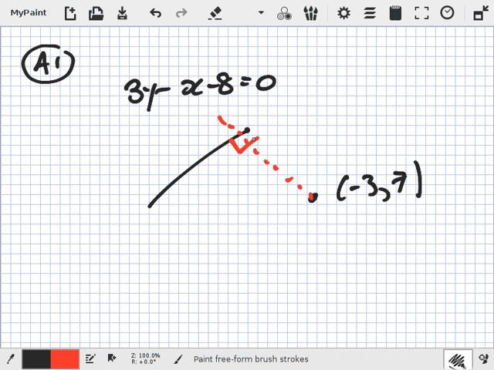Tell me what to do. First, you have to find... This word means parallel. Another word, perpendicular. So first, you have to get the m, the slope, the m, from here. We call them k in Chinese. Oh, okay.